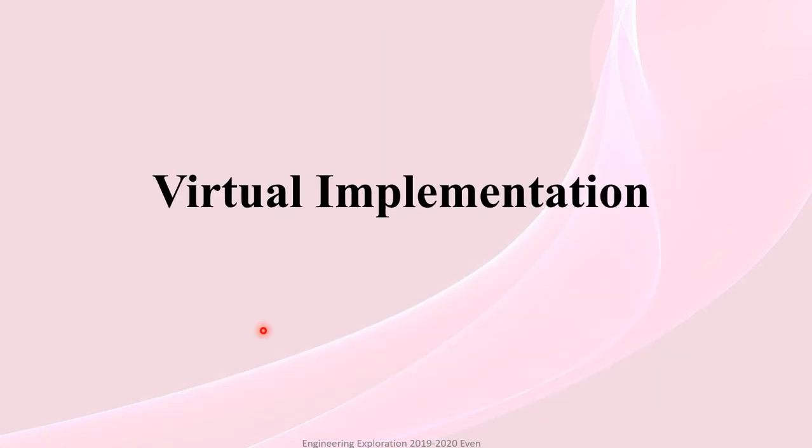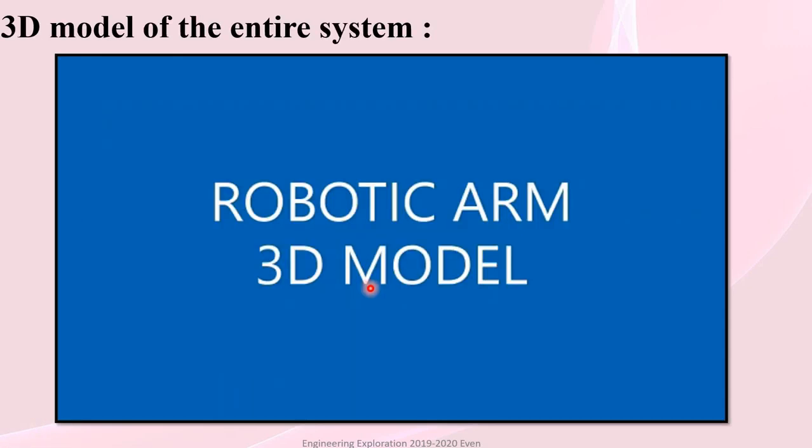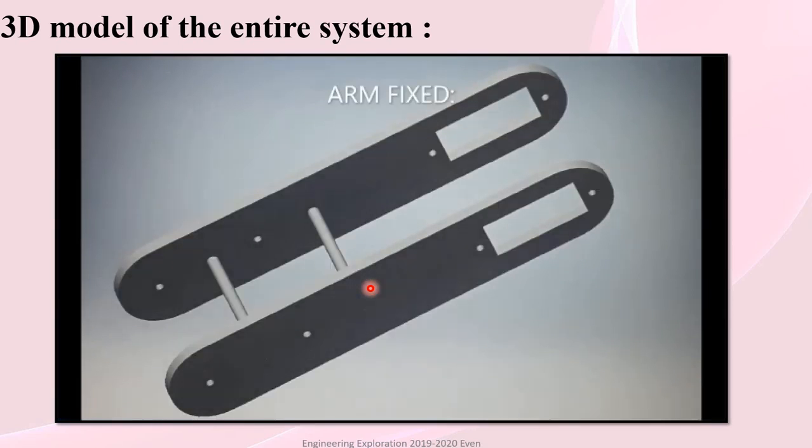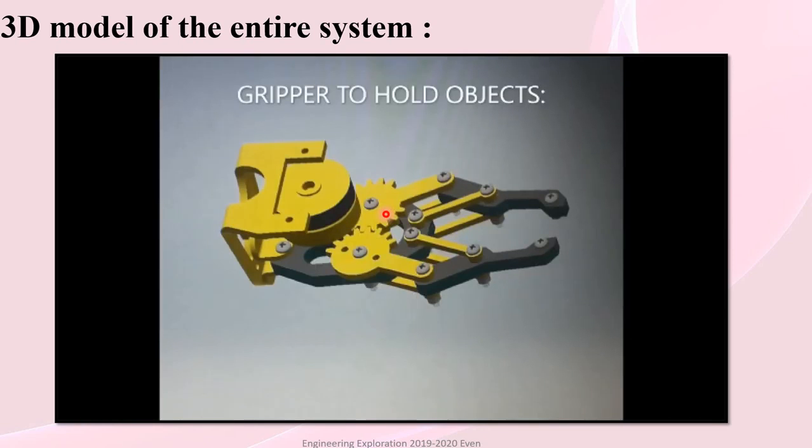Next, here is a virtual implementation. There is a small clip of 3D modeling of our entire project. That is our prototype. Base part, arm fixed, and gripper to hold the objects.